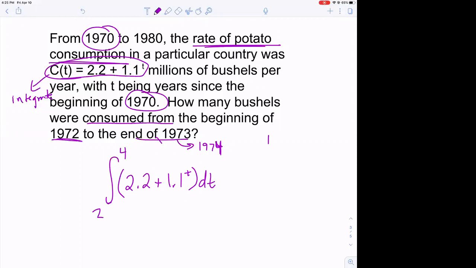I wonder if I can do this on Desmos. Let's find out. It will indeed let you start typing int. It just pops up for you. I love that. So from 2 to 4 of 2.2 plus 1.1 to the, oh man, I forgot my plus sign. This is very nice that we can do this on Desmos, though.